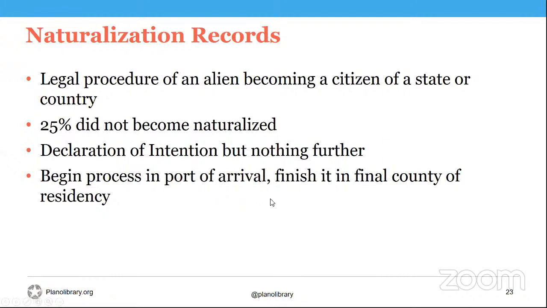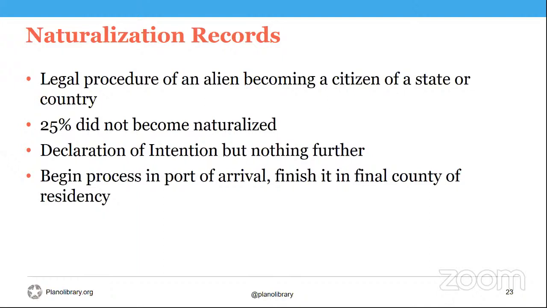They are great to find because you can find that they did land in New York, or they're naturalized in New York or in Boston. And hopefully it tells even in there that they got married in between when they landed and when they naturalized. There's a lot of great information.